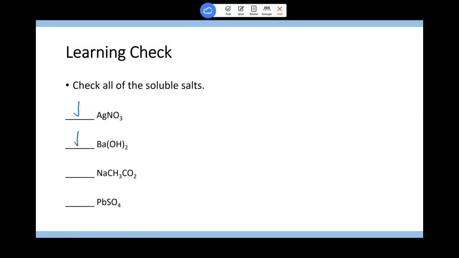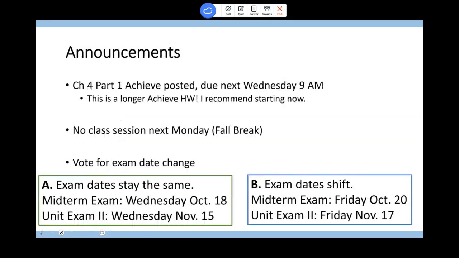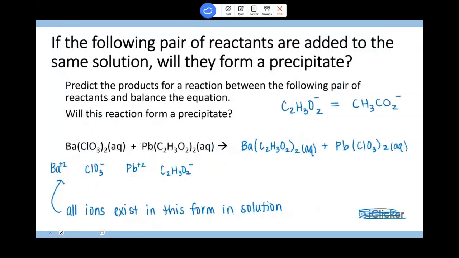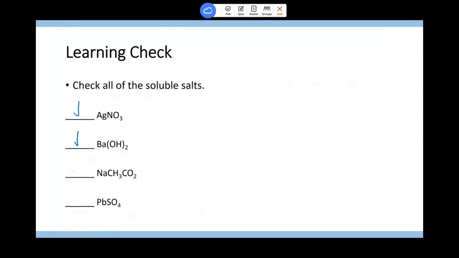Next we have NaCH3CO2. CH3CO2 is under guideline 1, and sodium is a group 1 metal cation that's also under guideline 1. So both cation and anion are present under guideline 1. Both are soluble in solution. So this one is soluble.